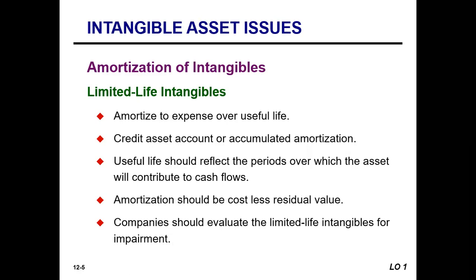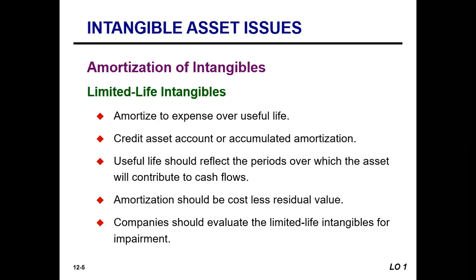For limited life intangibles, we can reasonably estimate their useful life, also known as the number of periods that this intangible asset will generate revenues and cash flows for us. Generally speaking, we're going to be debiting amortization expense, crediting accumulated amortization. We should do this over the useful life, again, the number of periods that will contribute to cash flows.